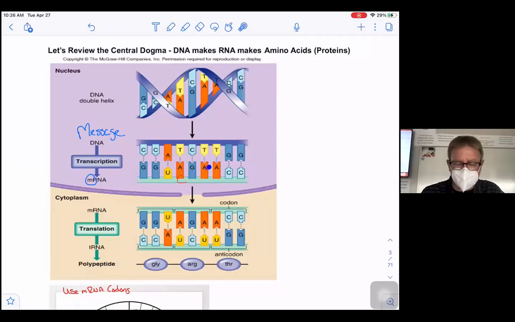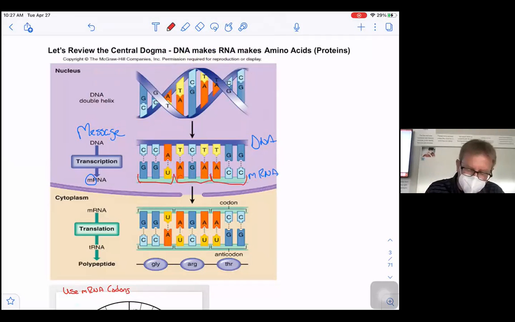Remember, that's taking place inside the nucleus. We're going to read the DNA line and make that into the mRNA line. And that mRNA line, remember, is going to be read in codons, so we would have our 3-letter sequence of codons.